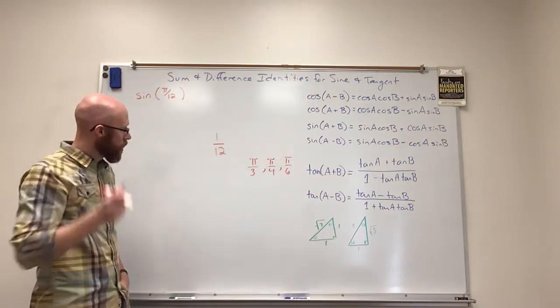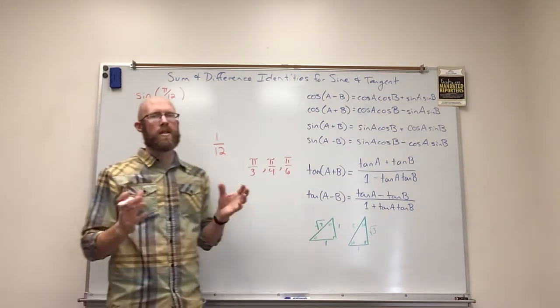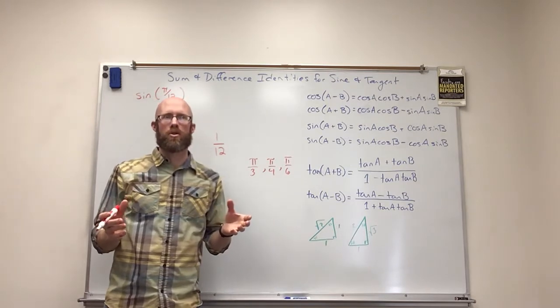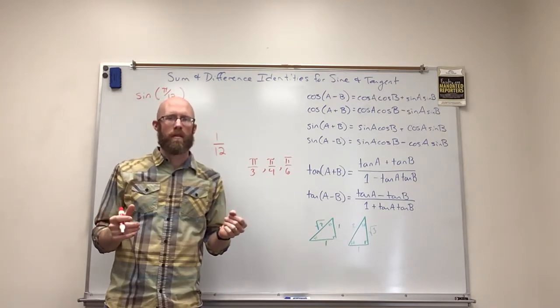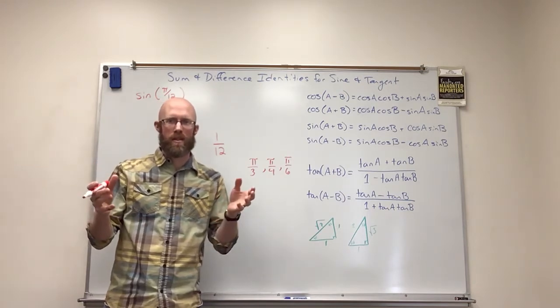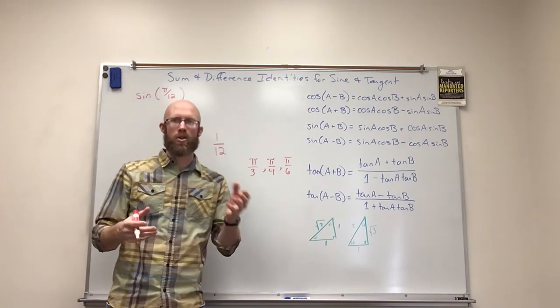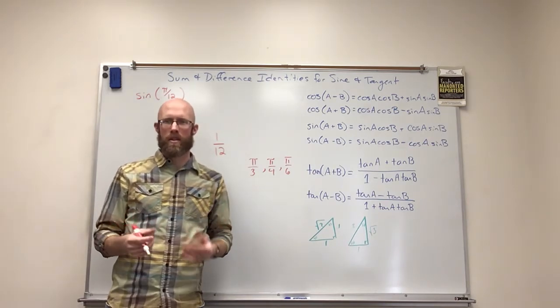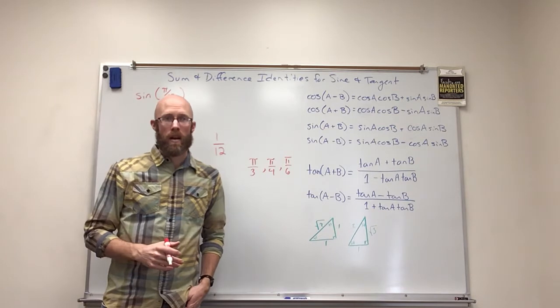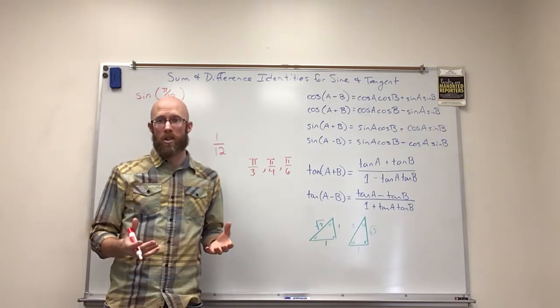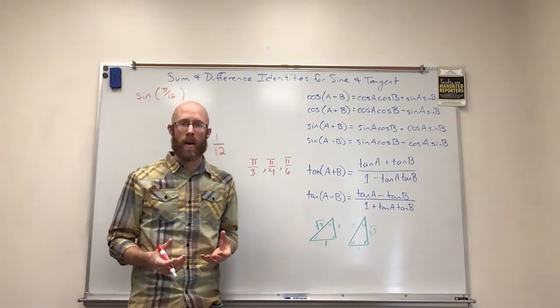If I think of 1/12 as the difference of two other twelfths, you could think of it like 6/12 minus 5/12. That makes 1/12. Or 3/12 minus 2/12. There's a lot of different things that we could combine, and any combination will give us the same value when we simplify it.